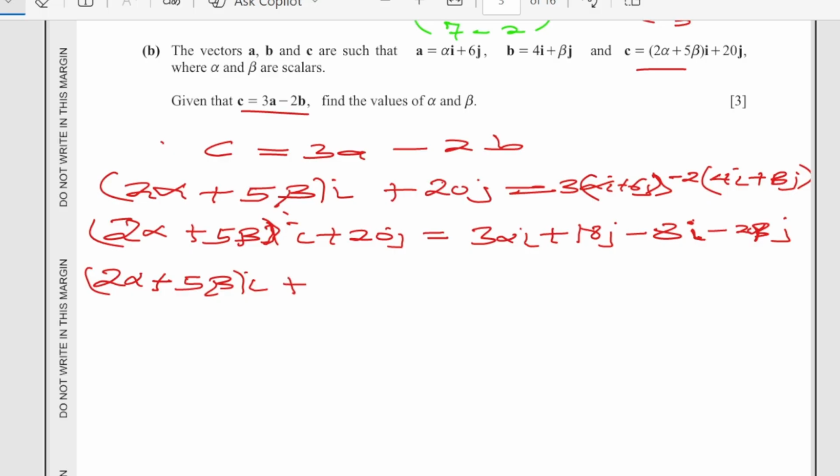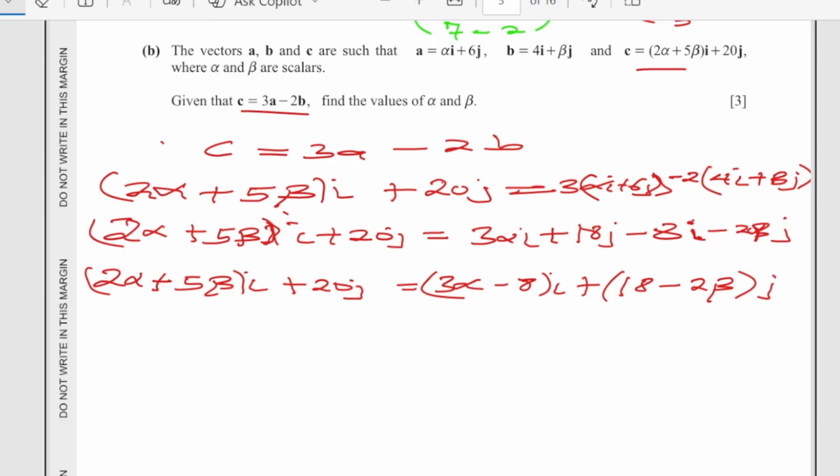i plus 20j is equal to, I will collect like terms here along the i-axis, put the i-axis together and put the j-axis together. So this is 3 alpha minus 8 all along the i column, plus then the j column, I'll put it together. I have 18, then minus 2 beta along j.